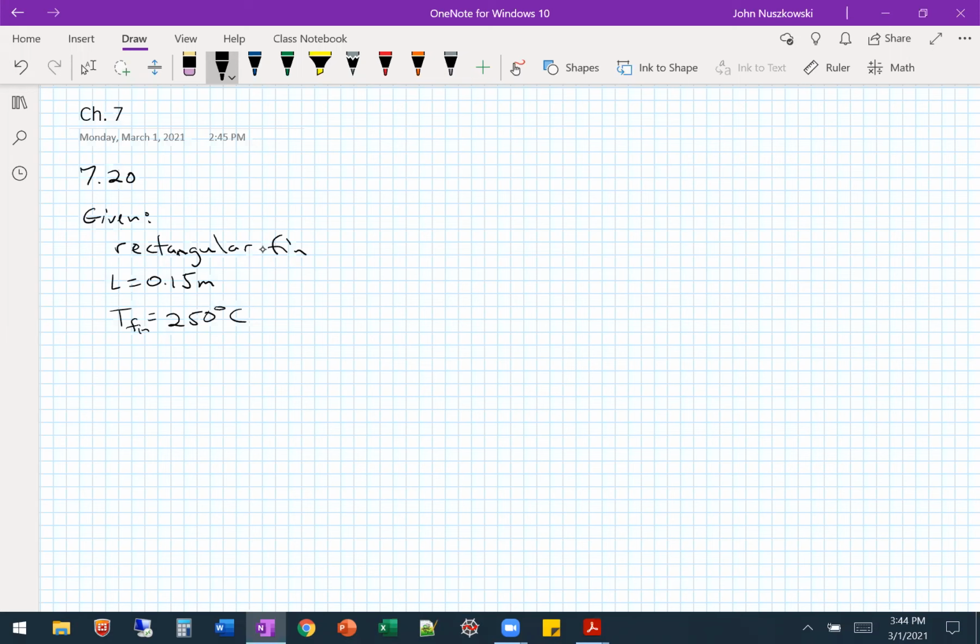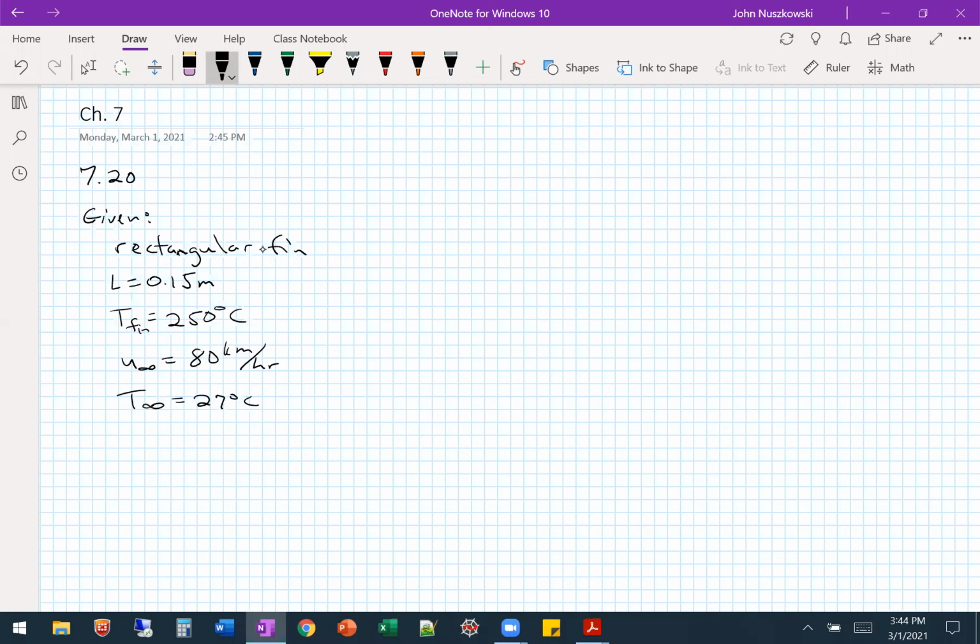The motorcycle is moving at a velocity of 80 kilometers per hour. So that's going to be our U infinity. We have 80 kilometers per hour. And T infinity is 27 degrees Celsius.